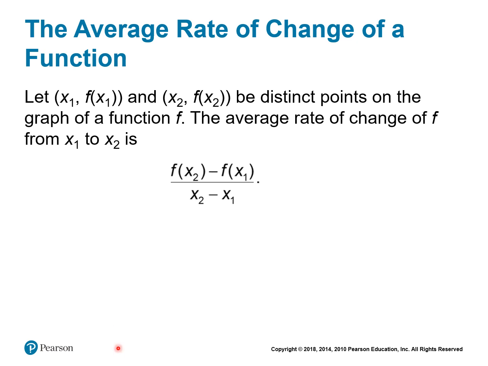Okay, now we are going to talk about the average rate of change of a function, how to express the average rate of change of a function in general terms. So remember, we denote functions with this notation f of x.